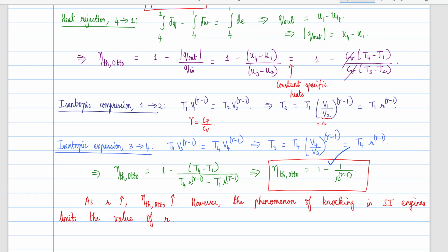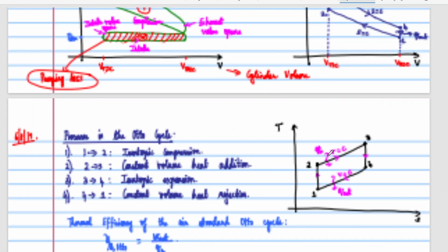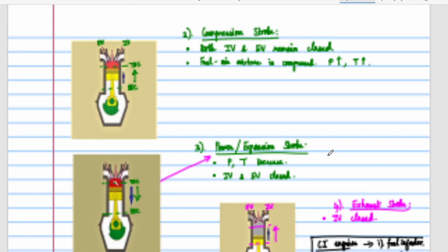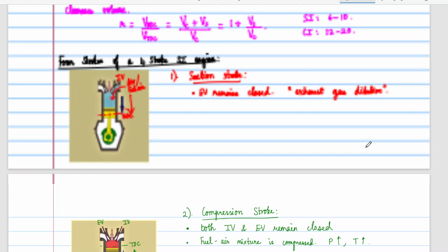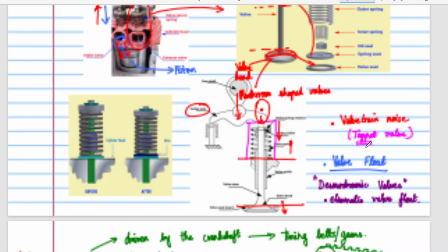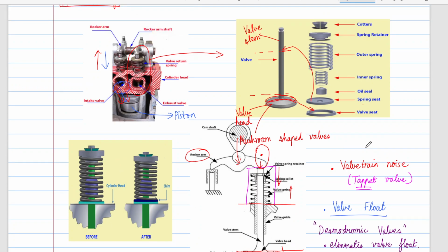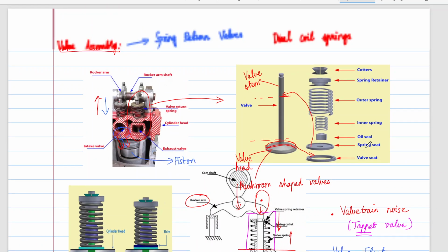Aditya asks, can you tell us about the desmodromic valves? Okay, let's go to that section. All right, so let's look at the valves and valve assembly.